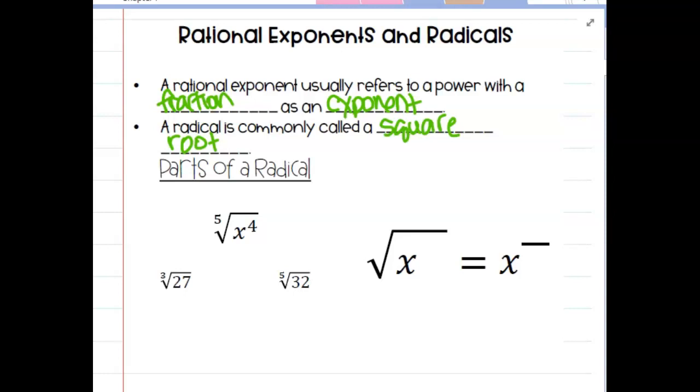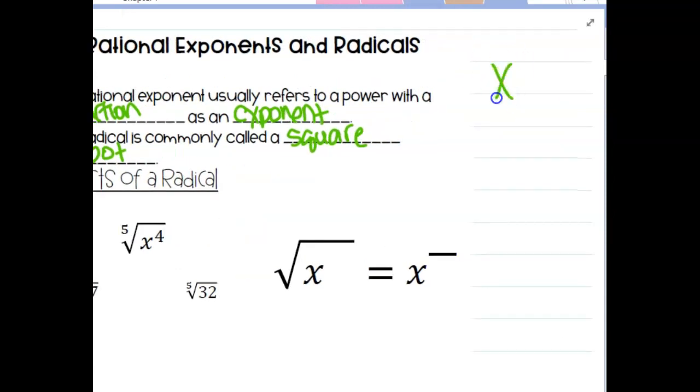So kind of like you could have x squared. We could say, well, you could square a number. That's an exponent. But that's not the only kind of exponent you can have on a number. A radical, okay, is a lot of times a square root, but it's not always a square root.